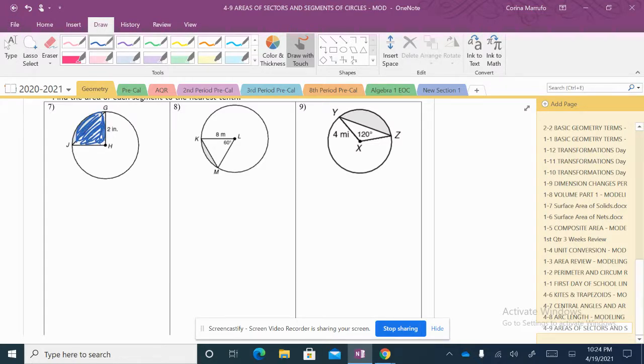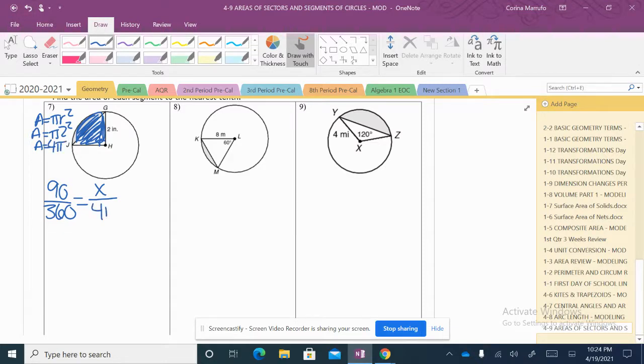So we have this angle, they tell us is 90 out of a total of 360 equals the area of the sector, that's what we're looking for, over the total area. So the area equals pi r squared. Since our radius is 2, it's going to be pi 2 squared. And that ends up giving us 4 pi.